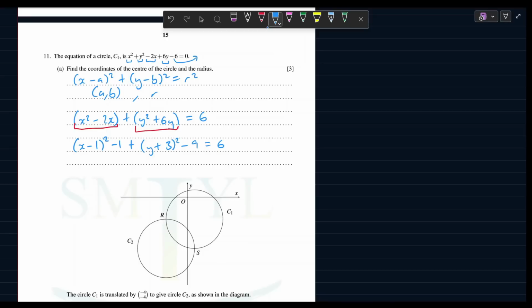Then move all the constants to the right hand side so that you've got (x - 1) squared plus (y + 3) squared is equal to 6 plus 1 plus 9. So I'll write it on the side. It's (x - 1) squared plus (y + 3) squared is equal to, if you add up all your constants, you should get 7 plus 9, which is 16. And so we can write this as (x - 1) squared plus (y - -3) squared.